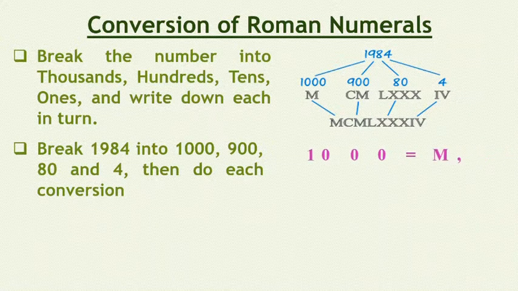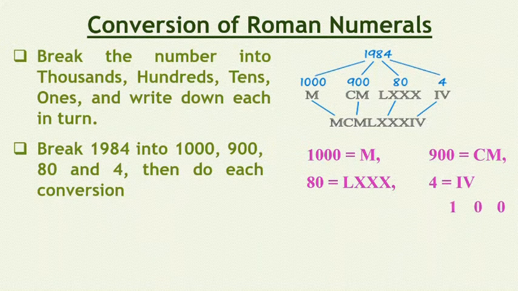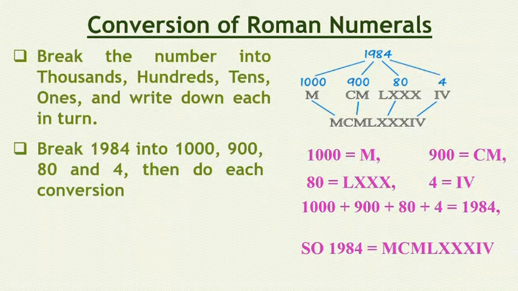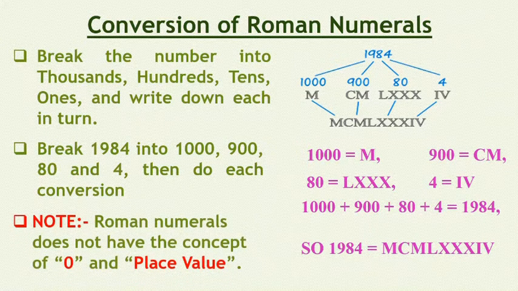Then we have to break 1984 into 1980 and 4, and then do each conversion. 1000 equals M, 900 equals CM, 80 equals LXXX, and 4 equals IV. So 1000 plus 900 plus 80 plus 4 equals 1984. 1984 equals MCMLXXXIV.